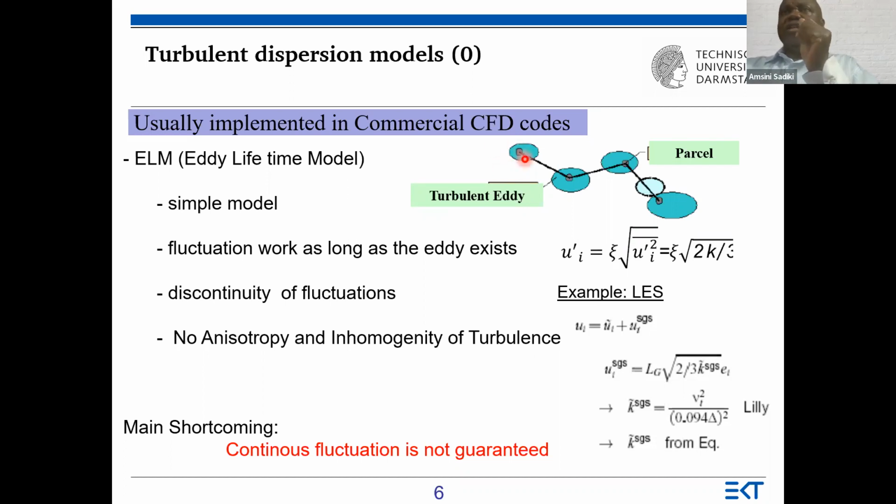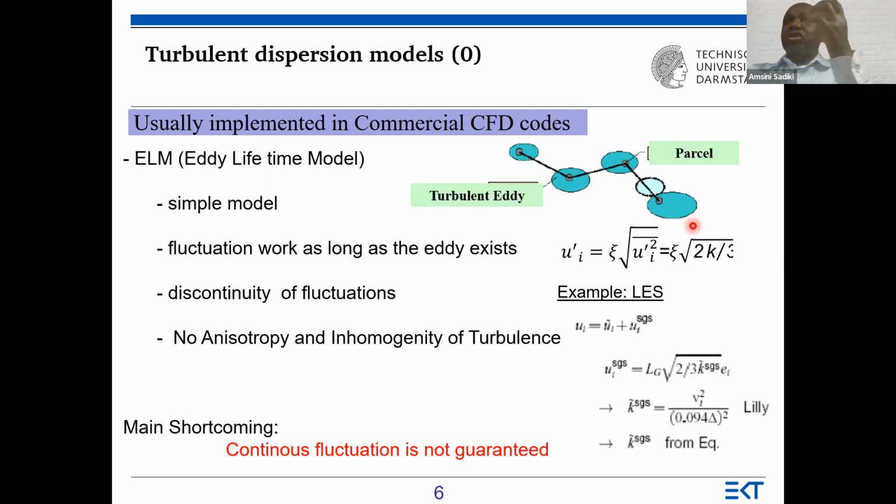In this case, there is interaction if the particle is within these eddies, and when an eddy is no more there, that is why we call it the lifetime. During the lifetime of the structure, we have interaction, and then it comes to the next one, and so on, and so on.